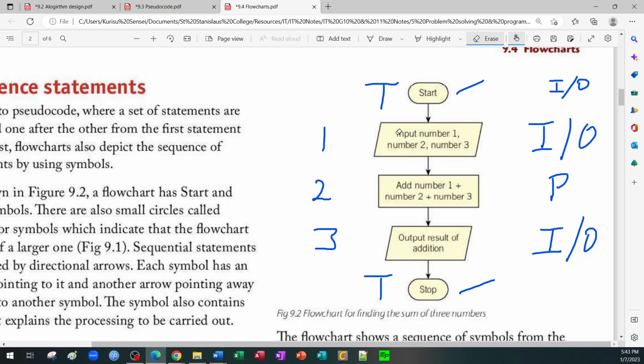Even though we know that the first and the second symbol indicate input and output, it still has that keyword inside of it. Because think about it, especially for this parallelogram. The parallelogram is used for both input and output.